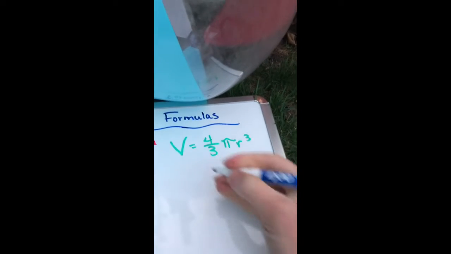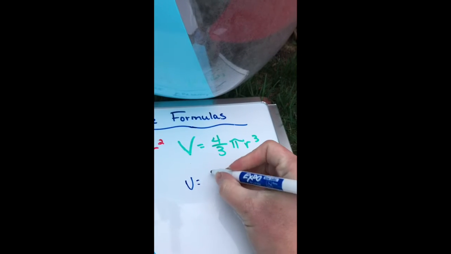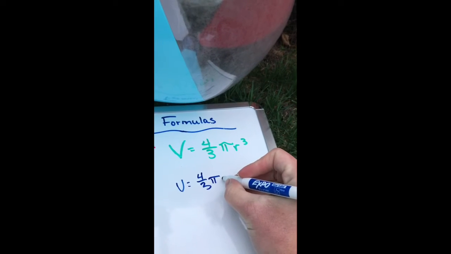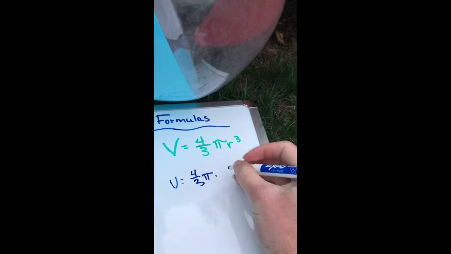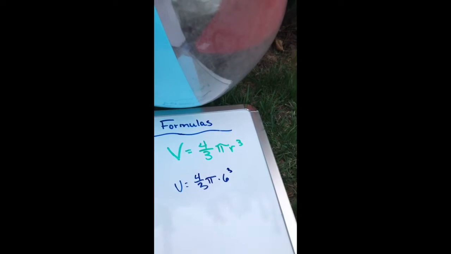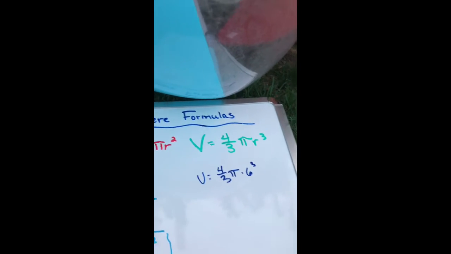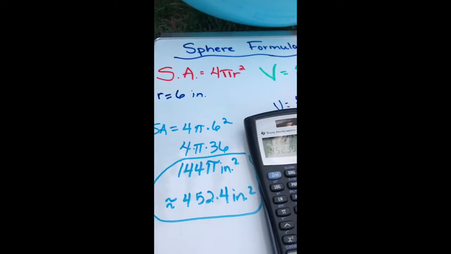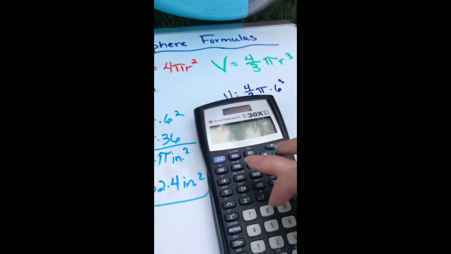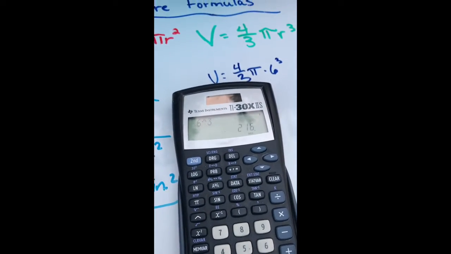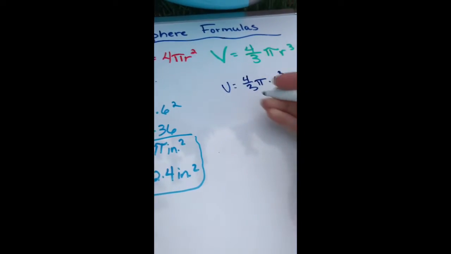All right, now we'll go to volume. Okay, volume equals 4/3 pi times radius cubed, so times the radius, which is 6 to the 3rd power. Okay, and so you can multiply the number by itself 3 times, or you could just go 6 to the little caret to the 3rd power, okay, which is 216, which you guys all probably knew anyway.